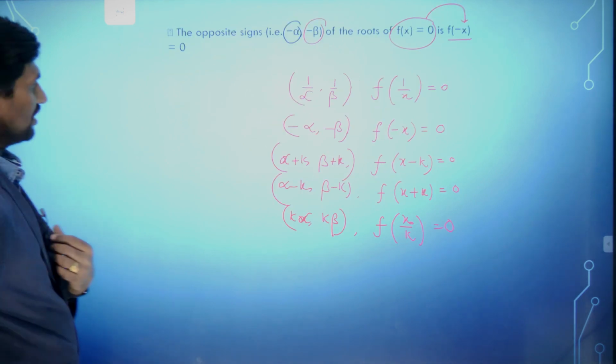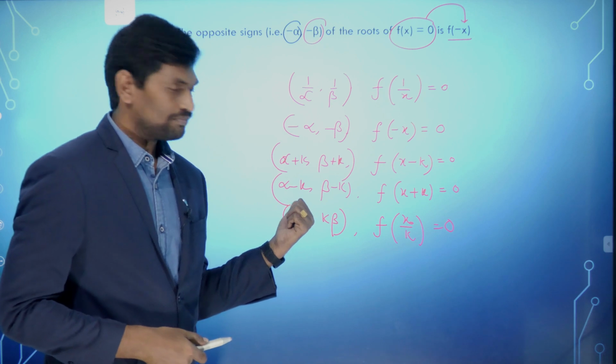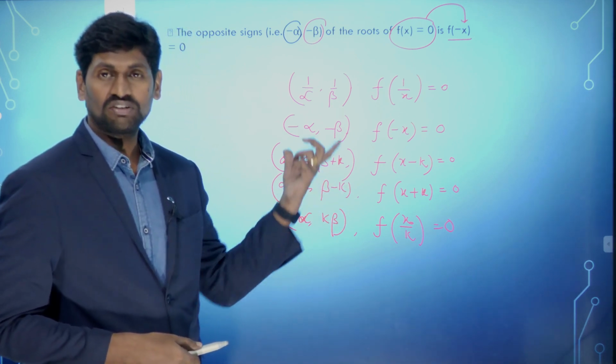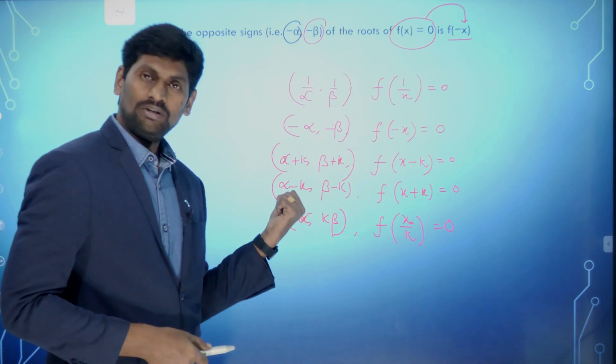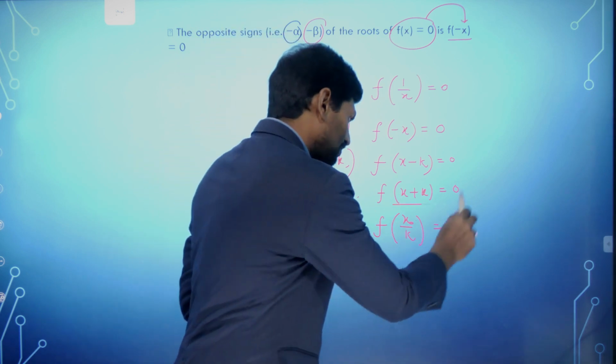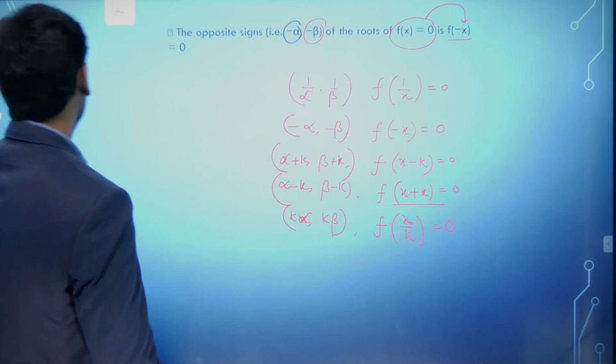Here I have written, if alpha comma beta are roots of f of x, then alpha minus k, beta minus k are roots of f of x plus k. Same condition we are applying here.